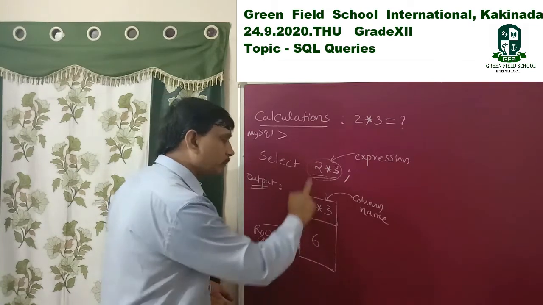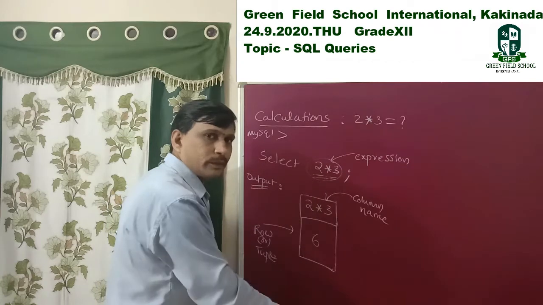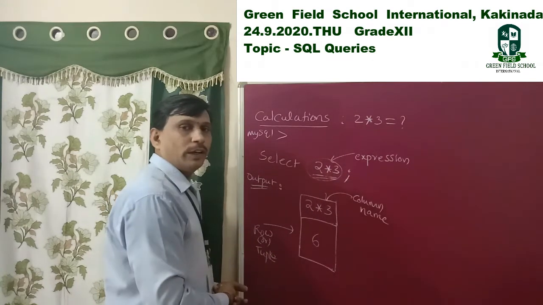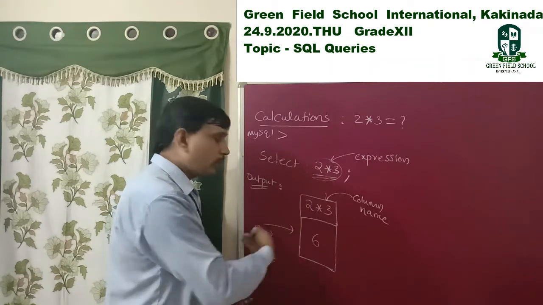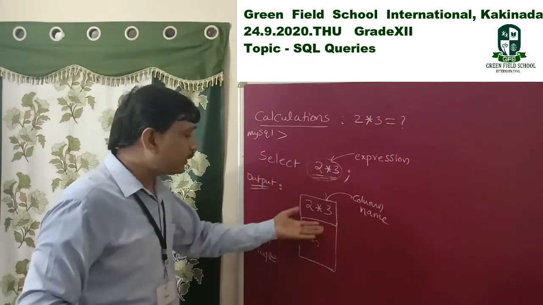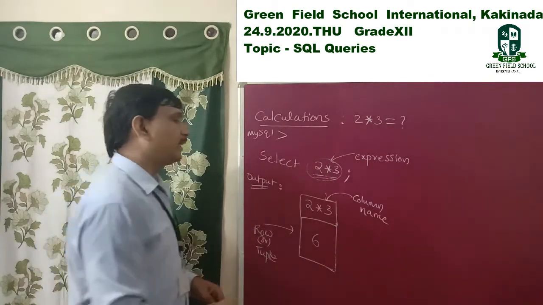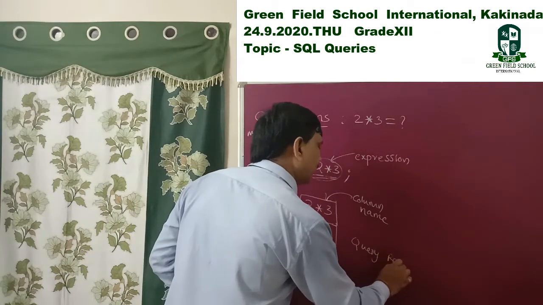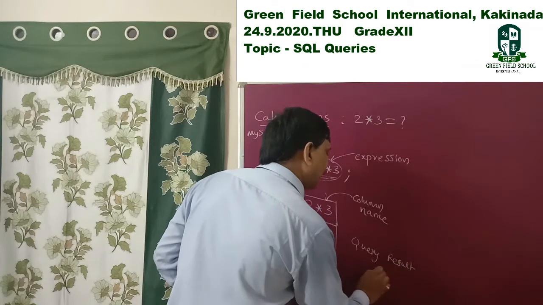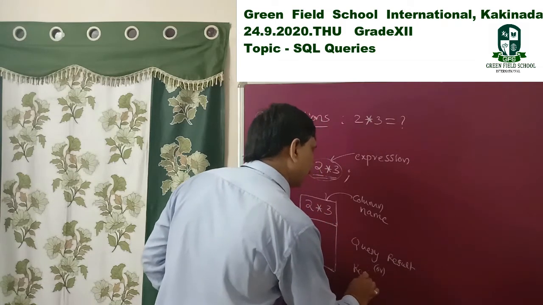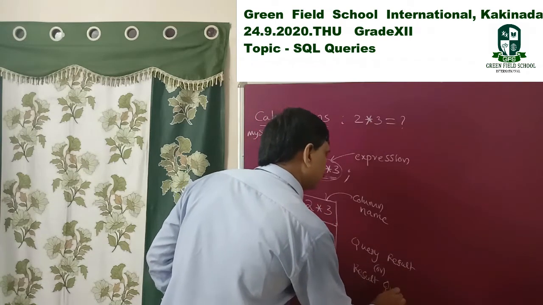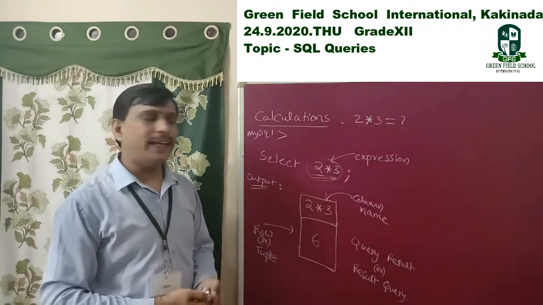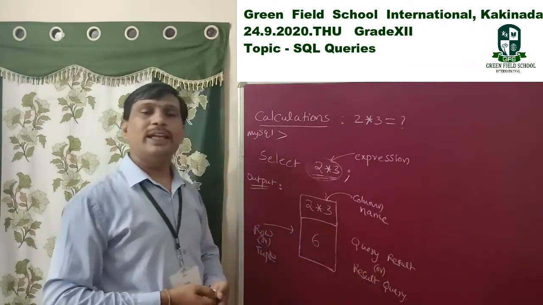So one column vertically, one column horizontally, one row. This one is the column name, one row. This table is also one table. This is called a result query or query result. The output of the query is called a result query or query result.